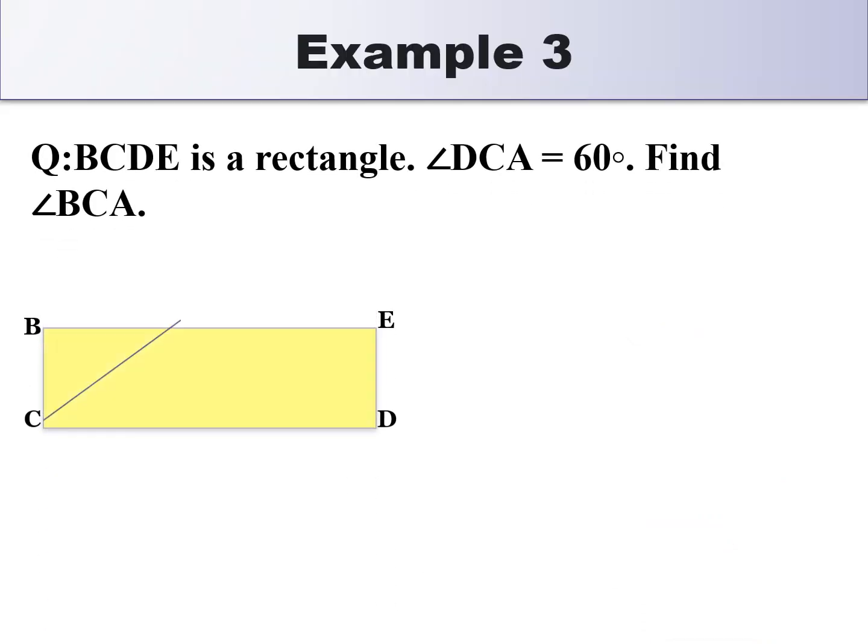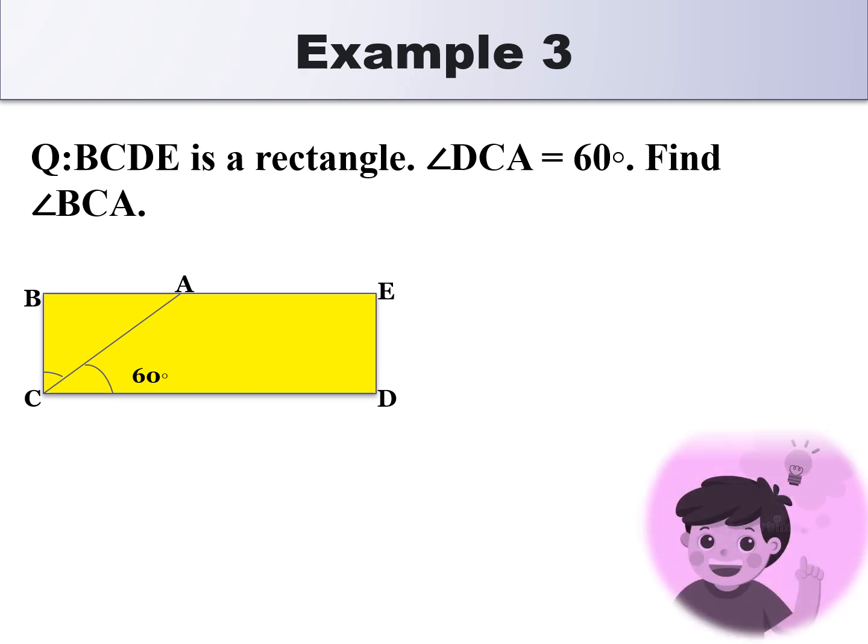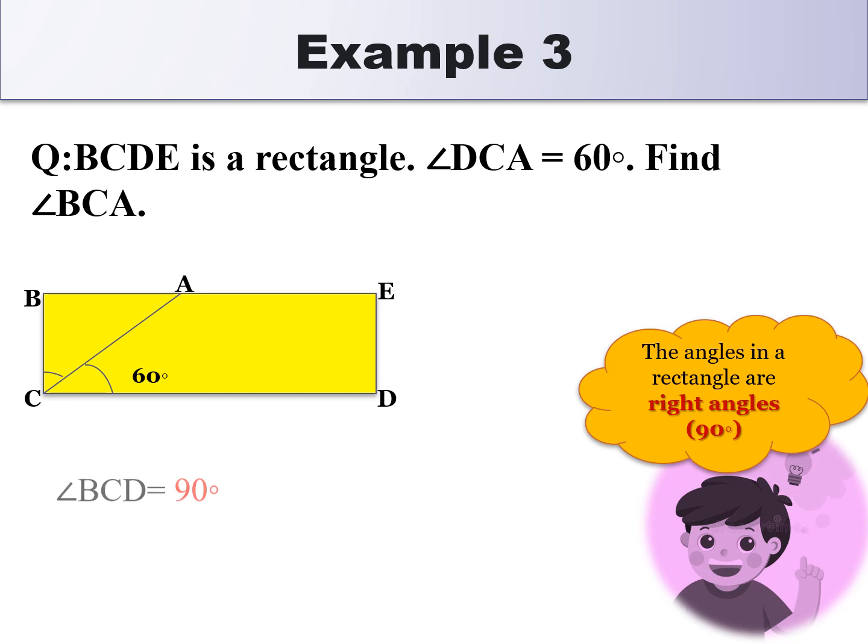Let's take another example. The question is: BCDE is a rectangle. Angle DCA is equal to 60 degrees. Find angle BCA. Here you can see the figure of rectangle BCDE. As we know that the angles in a rectangle are right angles, angle BCD is equal to 90 degrees.